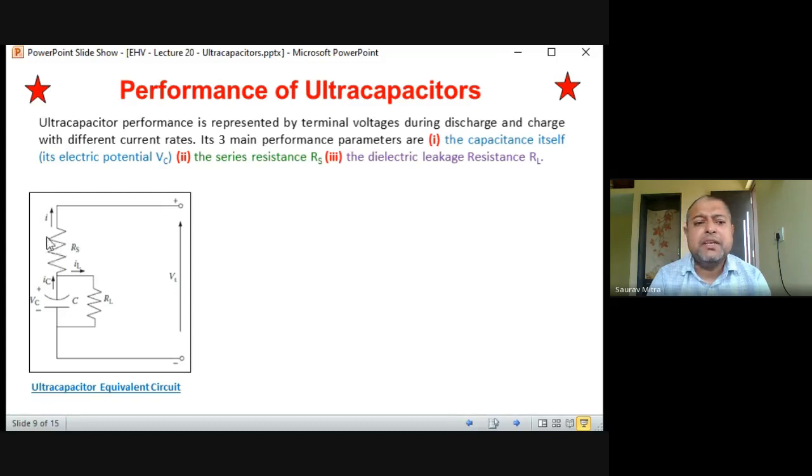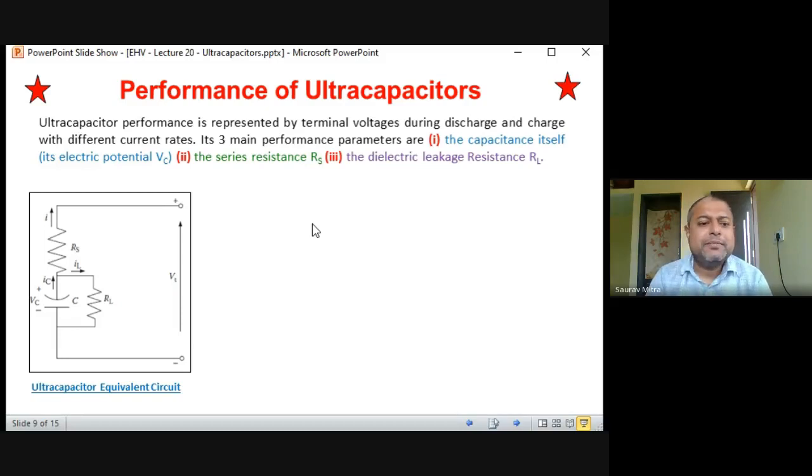So RS may be having 0.1 volt. So this is the discharging voltage they have shown here, but I'm talking about charging. So 5 volt you have connected, this capacitor voltage will never become 5 volt, maybe it will be 4.9. Where is that 0.1 volt going? That 0.1 volt is actually across the series resistance. Okay, so this is some internal drop which happens in the ultracapacitor equivalent circuit.